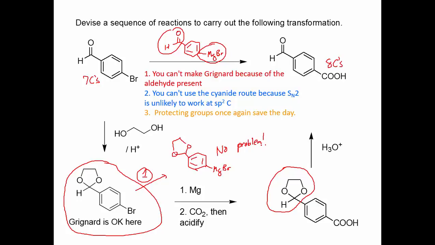Okay, so we can make that Grignard, and then step 2 would transform it into that. All right, so all we need to do in the first step is turn the aldehyde group into the acetal group. Okay?